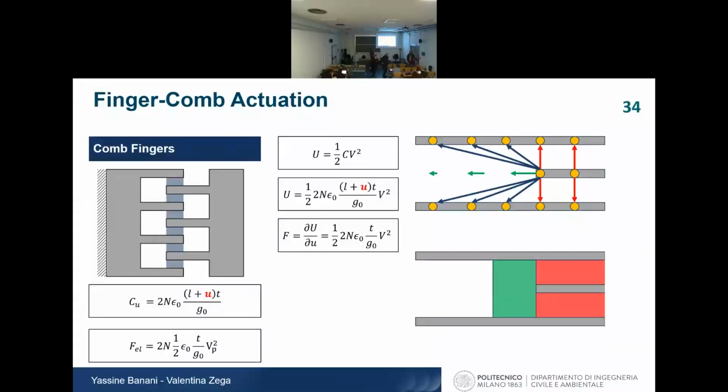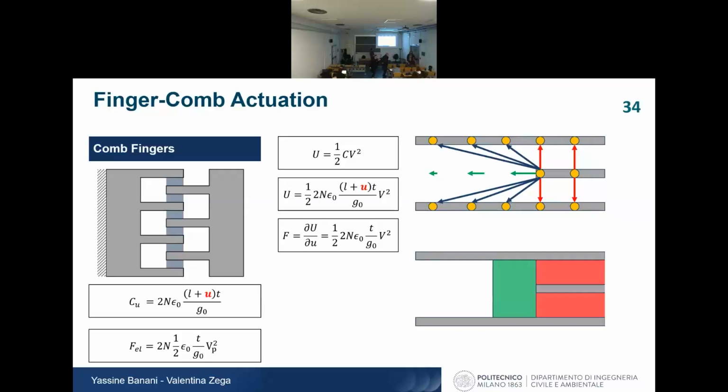Okay, this is a comb, so this is the configuration. We have two plates with one plate in the middle. In this case, we have a force between these two, and the same force between these two. So in the overlapping area, you have no effect. And in the green area, there's nothing?